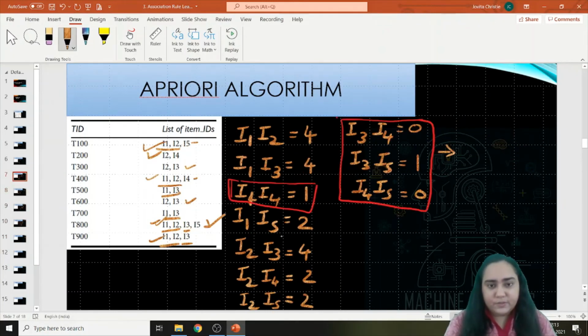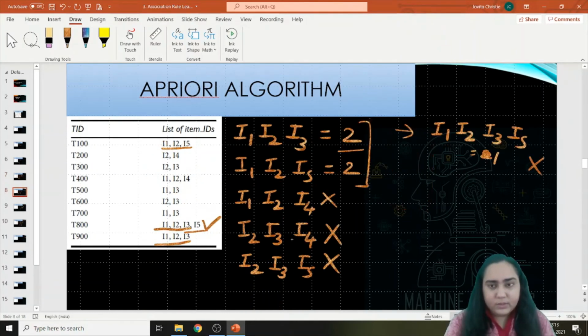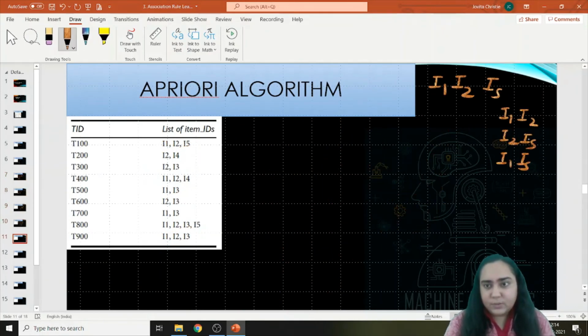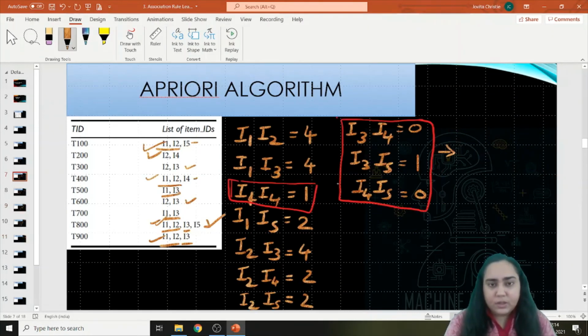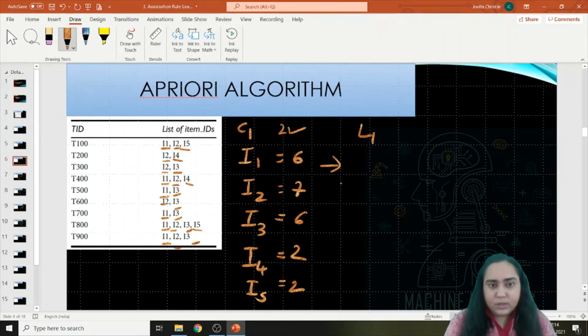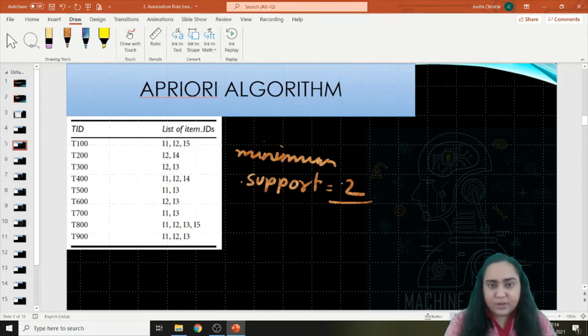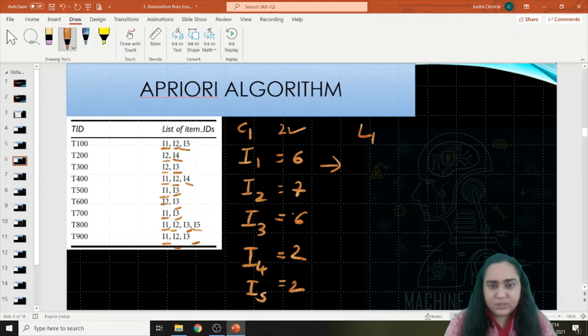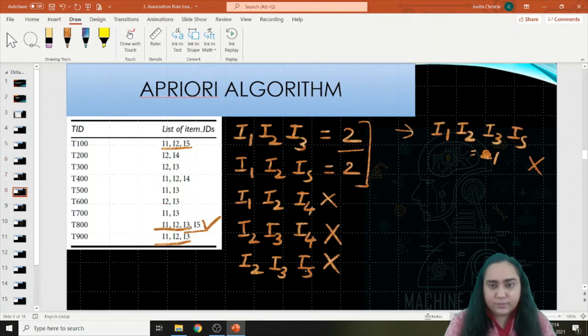So 1, 2 is 4, 2, 5 is 2, and 1, 5 is also 2. So let's place all those values. 1, 2 is 4, everything else is 2. And I would also like to list out I1, I2, and I5 individually. So I'll go back to that table and list out those values as well, 1, 2, and 5. So 1 is 6, 2 is 7, 5 is 2.